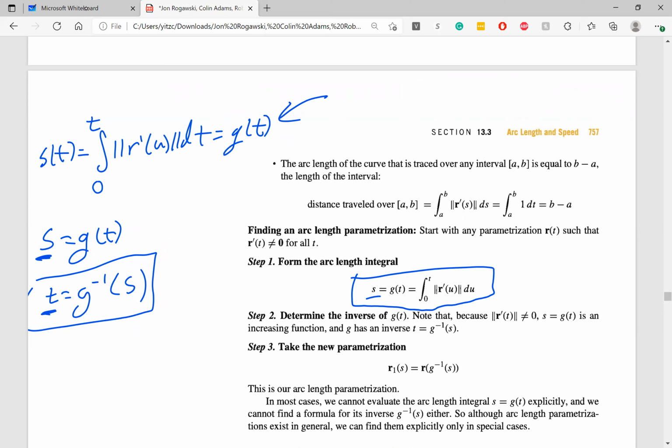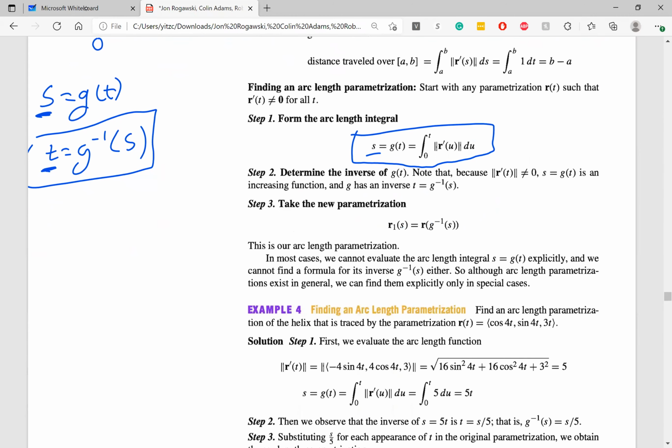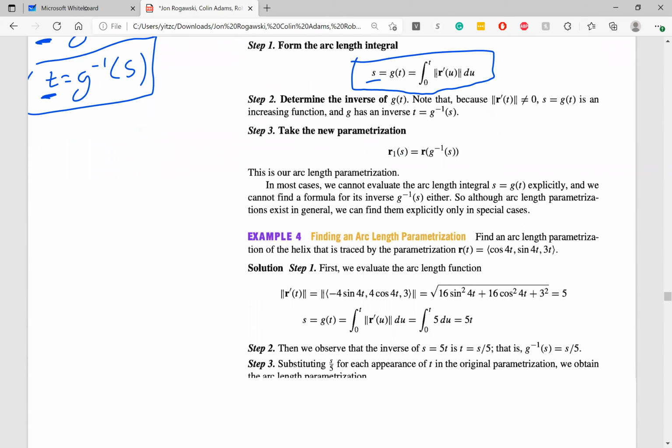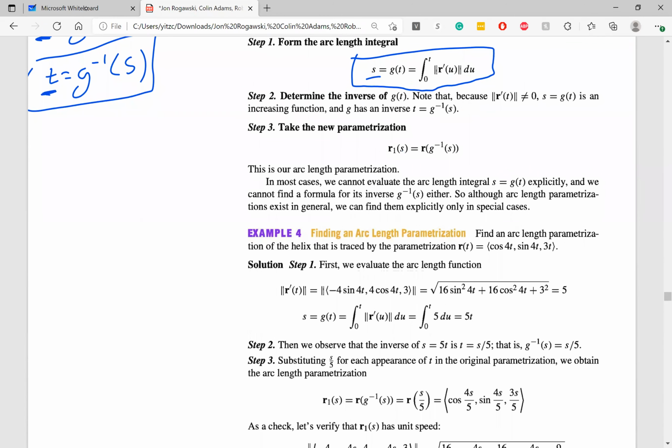So this is what we call re-parameterizing a curve. And this is one way of doing it in order to get the velocity to always be 1. So here's another example.